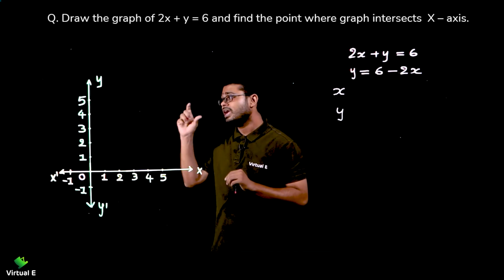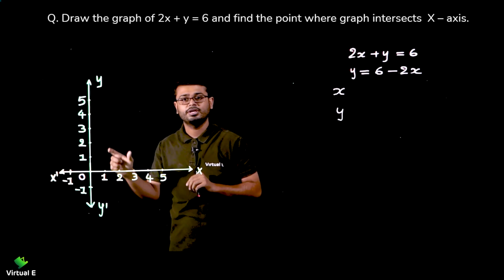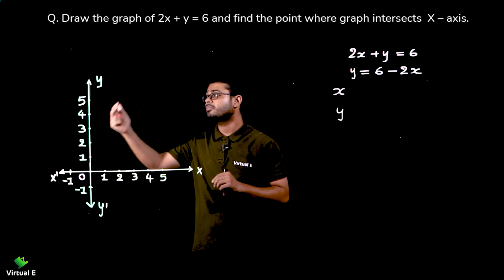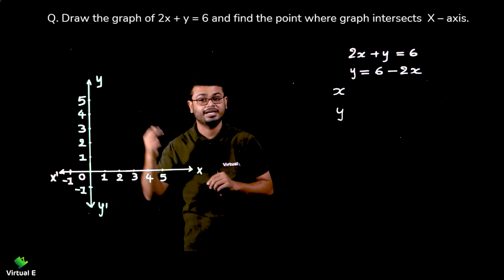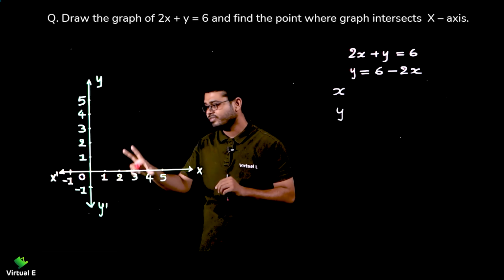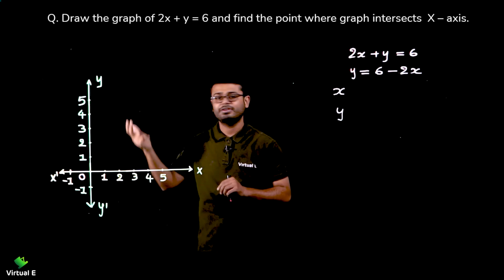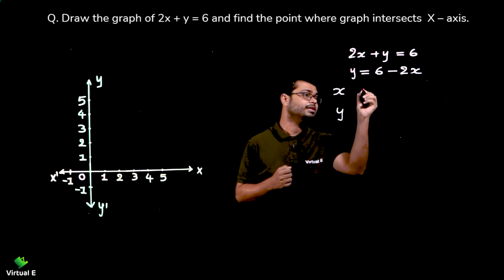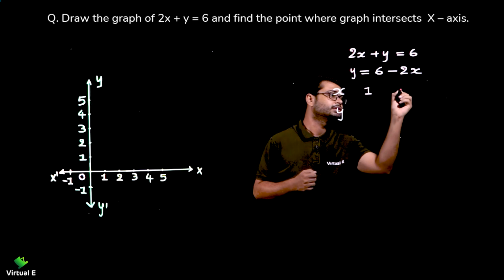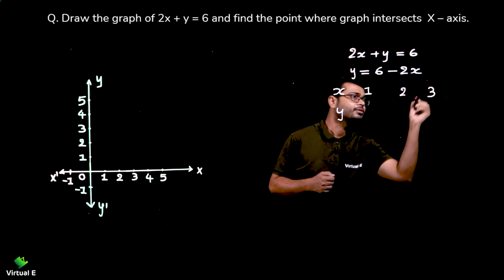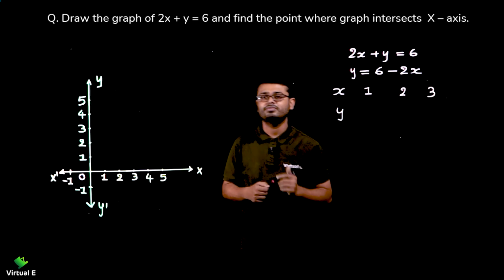Now I've tried to keep the numbers lower, right? Because it will not be possible for me to draw 6, 7, 8, 9, 10. I can still draw, but I prefer to have the normal numbers which are less than 7 or 8. So I will be taking the value of x as 1, 2 and 3, right? So 3 values we are going to take.